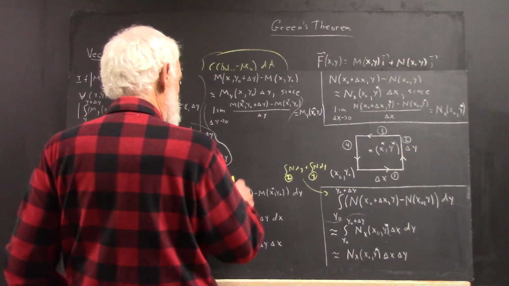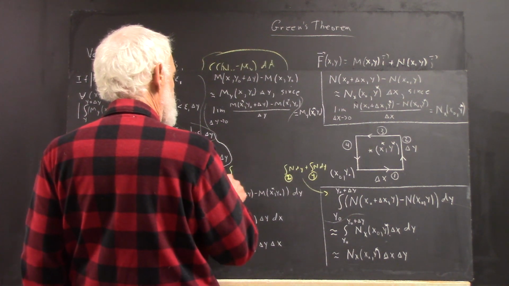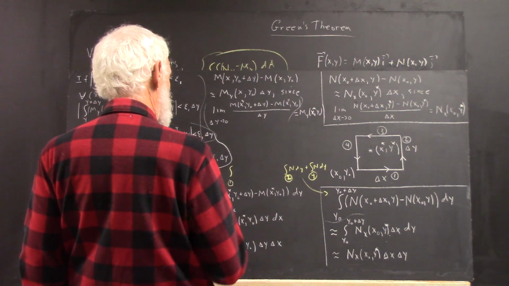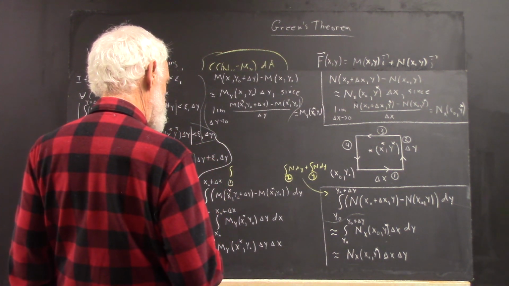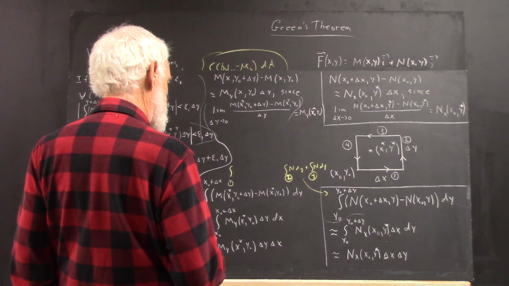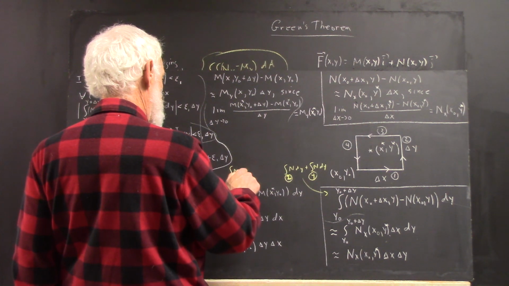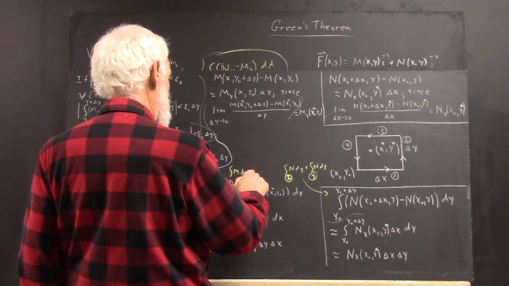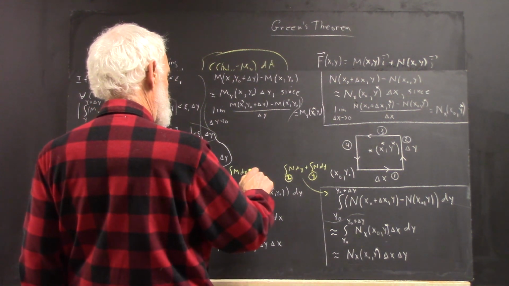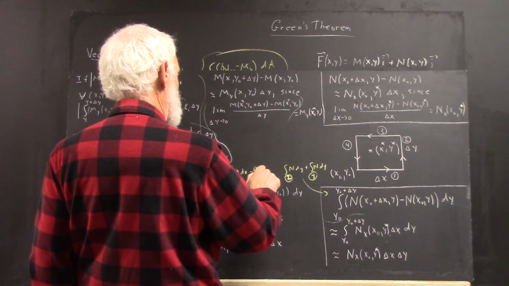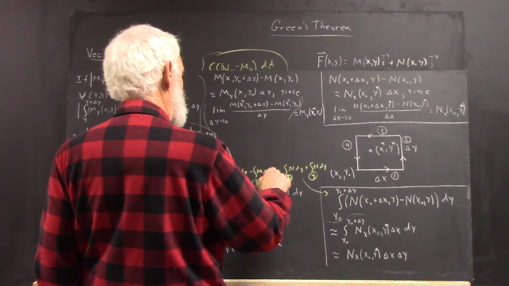So, what we have here is the integral over path 1 of m dx minus the integral over part 3 of m dx.